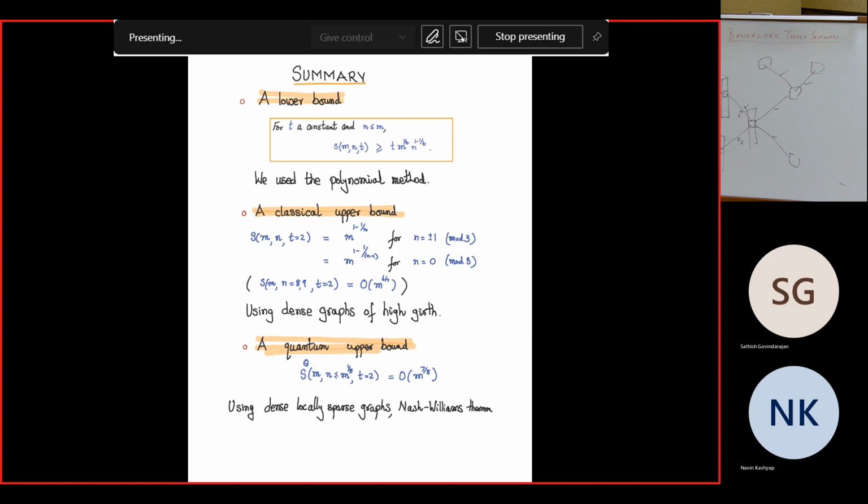So you could create a model of computation where XOR of 2 bits can be done in one step, and that would constitute a 2-bit quantum data structure. Again, this was based on graphs, and we used dense, locally sparse graphs whose construction I did not show you. A probabilistic construction does the job. I believe the heavily expanding graphs, for which explicit constructions exist, can also be used for this, but I have not checked it yet. And we used a classical theorem, in this case of Nash-Williams, to finish.